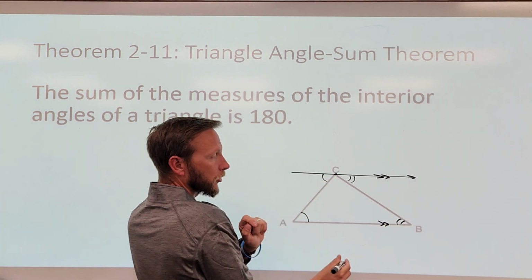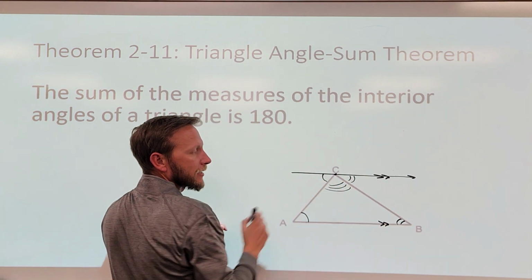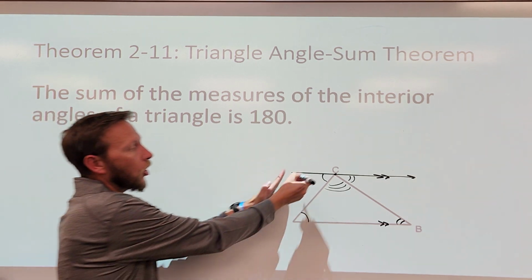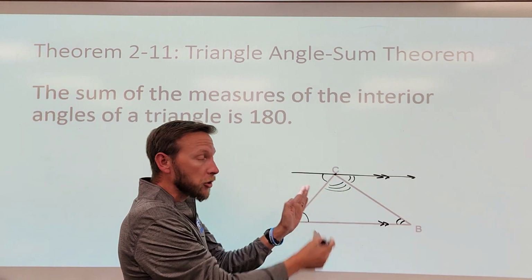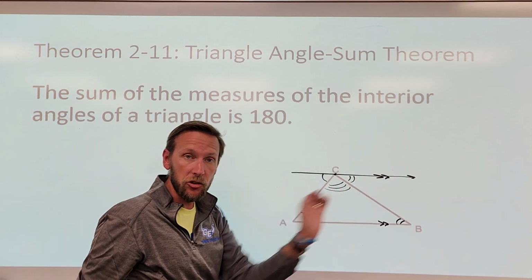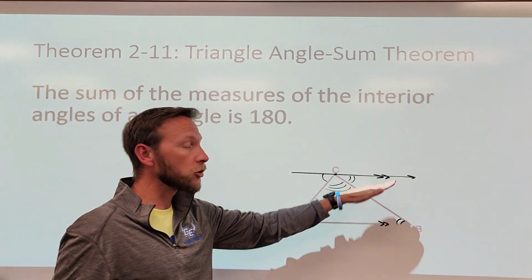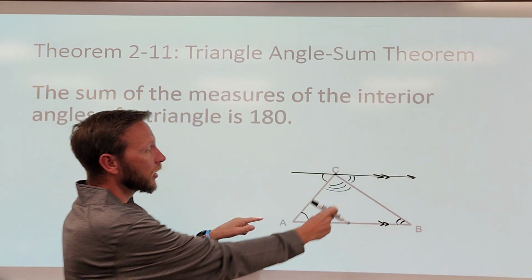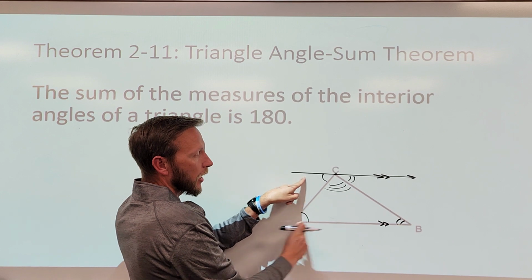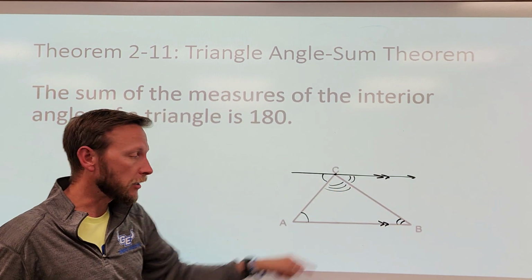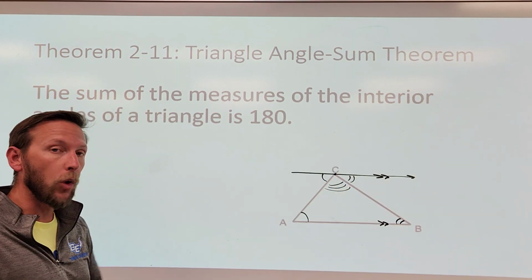These are alternate interior angles, so they're congruent. And then this is the angle at C. So all three of these angles, by the angle addition postulate, together make a straight angle, and so their measures sum to 180 degrees. Therefore, the angles in the triangle, A, B, and C, also add up to 180 degrees.